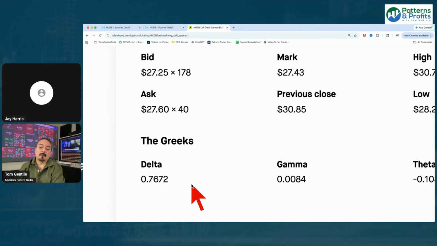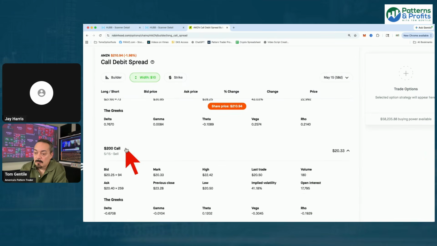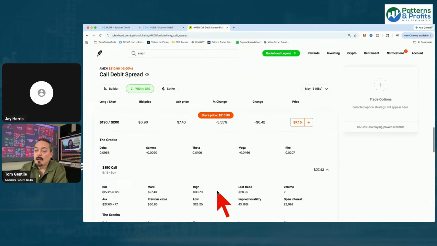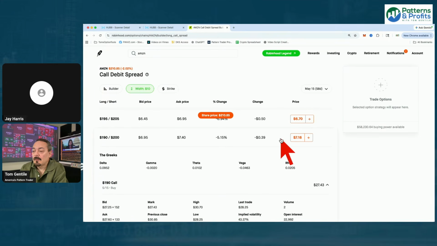When I look at this, 75 has got to be the minimum on the buy side. It just gives me that higher probability. The 200s are going to be a little less, 67, so you still have something with a 9 between the deltas. You're paying $7.15, now $7.18 for the spread.